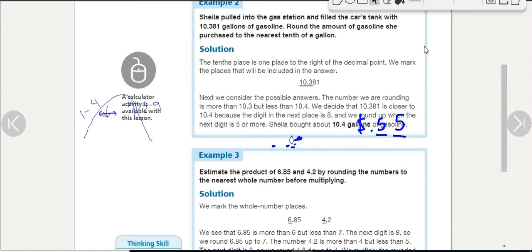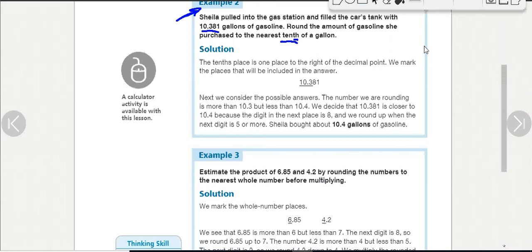Example 2. Let's do a word problem together here. We're going to do this one right here. Sheila pulled into the gas station and filled the car's tank with this many gallons, 10 and 381 hundredths gallons of gas. Round the amount of gallons to tenths.